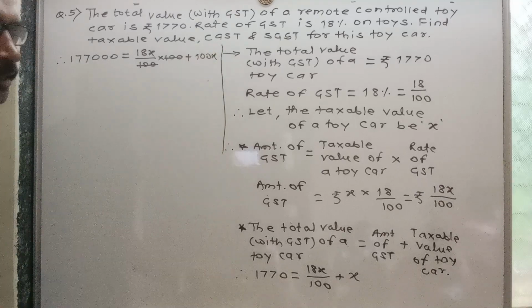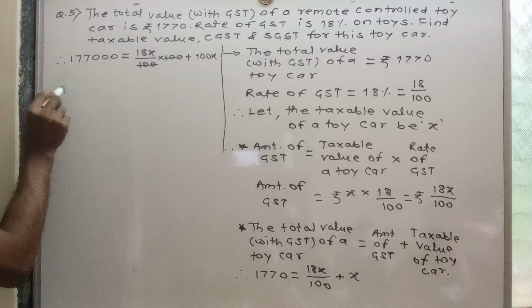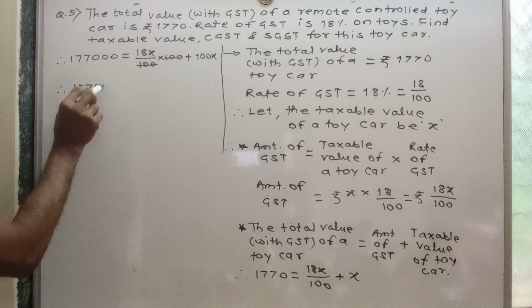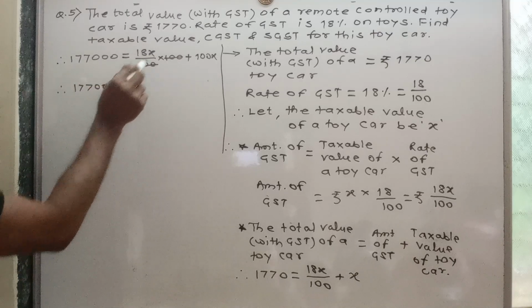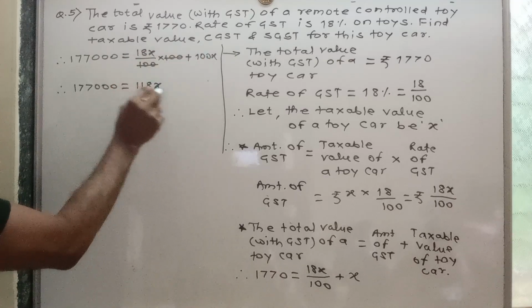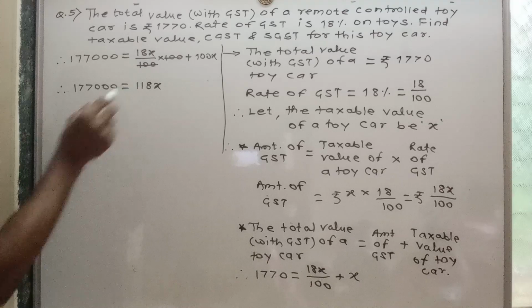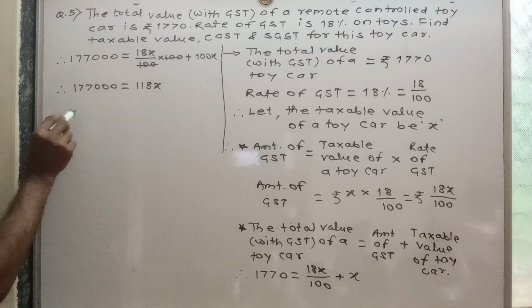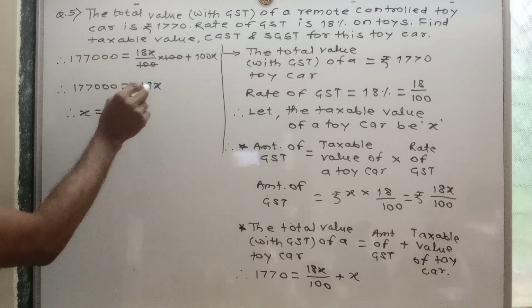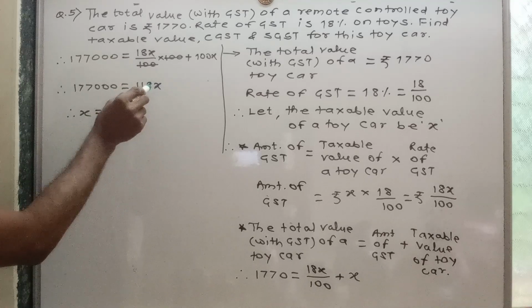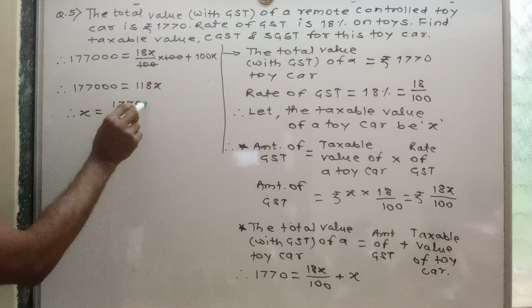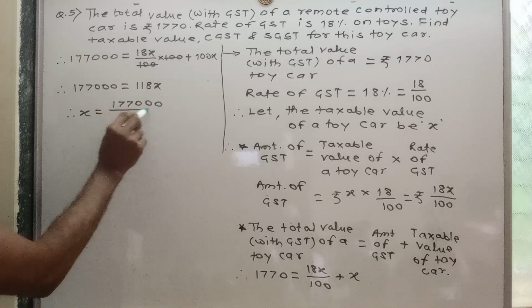Did you understand? Therefore now here 177,000 is equal to 18X plus 100X, means 118X. Therefore X is equal to, we take this 118 to the left side, because multiplication when it goes to the left side becomes division.